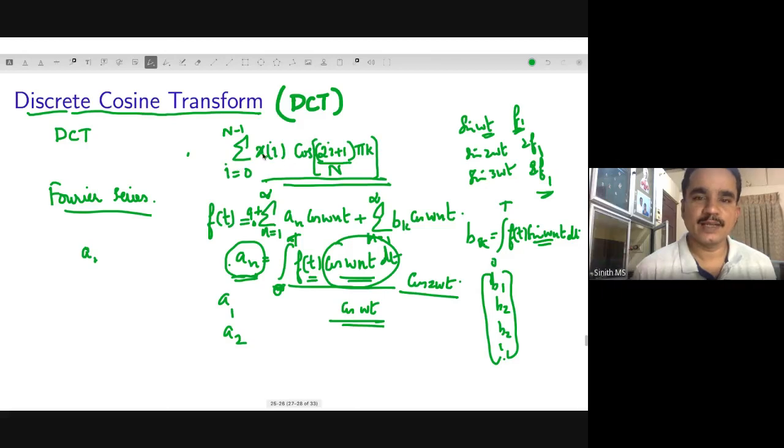So if you see the transformation here, it is sigma xi, where i varies from 0 to n minus 1, sigma xi cos of 2i plus 1 pi k by, it's not n, it's 2n.